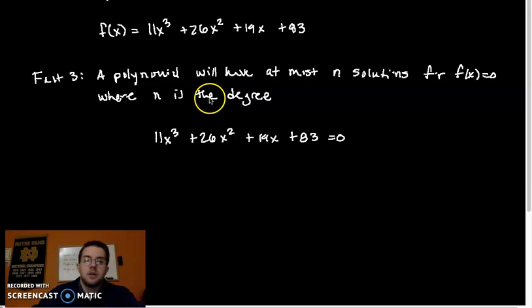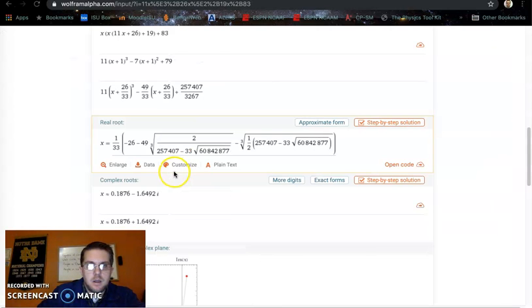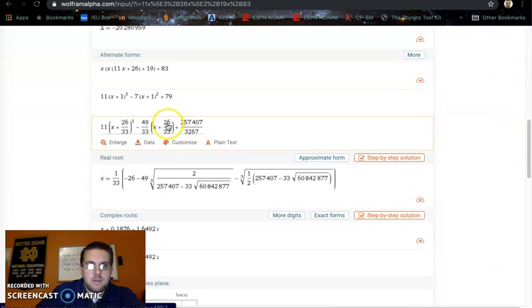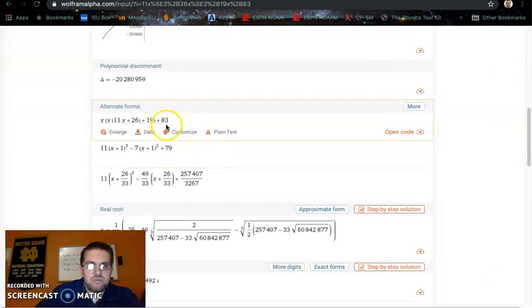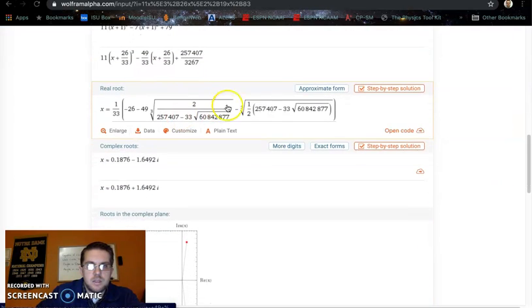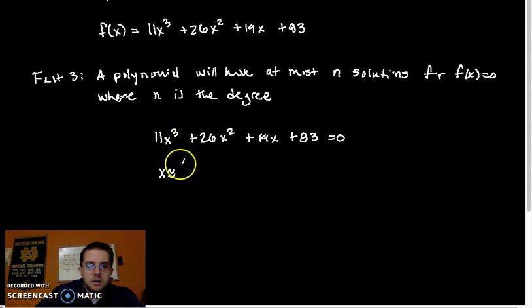All right, a real solution will be x is approximately, what was that? Negative, I think it was like negative, I know it's in here, oh, there it is. Negative 2.7389.